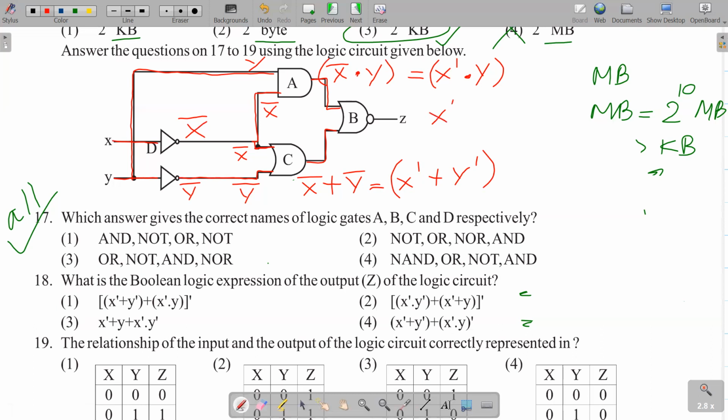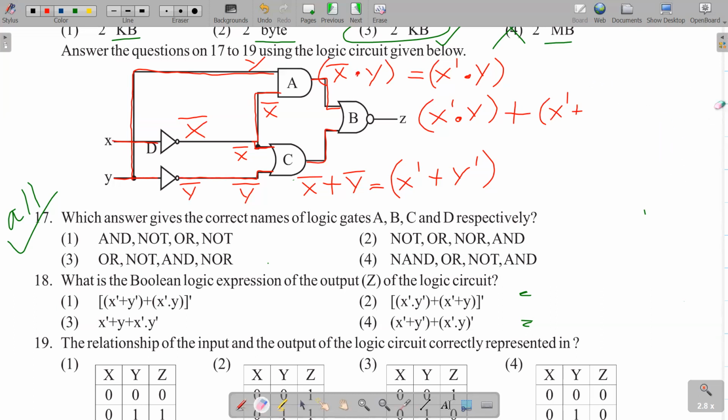So that means X dash dot Y from one side plus X dash plus Y dash, and then the entire expression is going to have a big bar, or you can express it with a dash outside. So this is going to be your final answer.